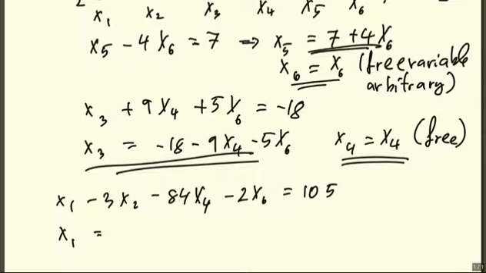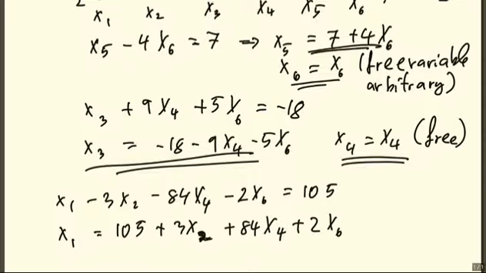We're supposed to rearrange them to the right hand side. We have 105 plus 3x2 plus 84x4 plus 2x6. We already know that x6 and x4 are free, and now we also have x2 as free.